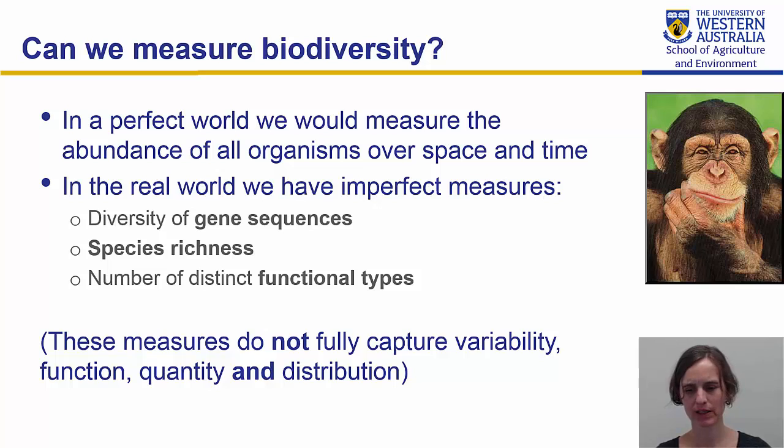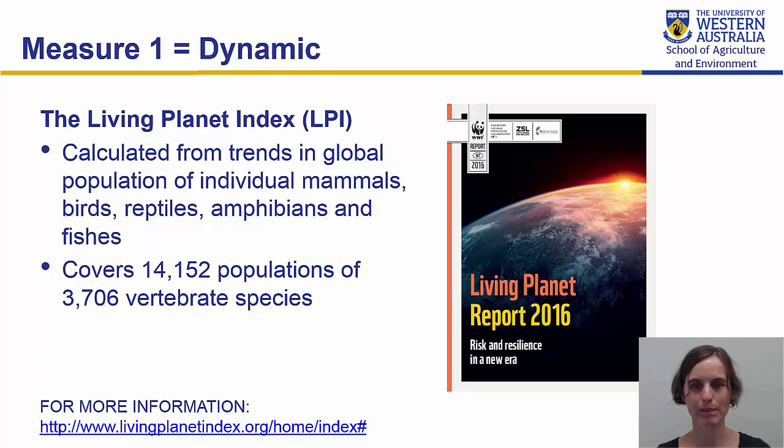Let's go to one measure that measures biodiversity dynamically. That means over time. And that's the Living Planet Index. The Living Planet Index is calculated from trends in global population of mammals, birds, reptiles, and amphibians and fishes. Those are all vertebrate species.